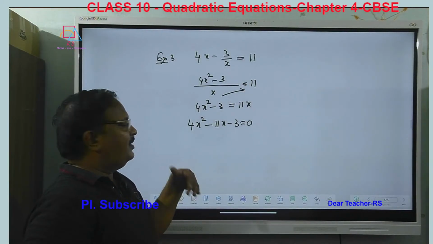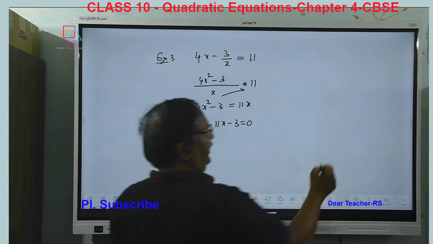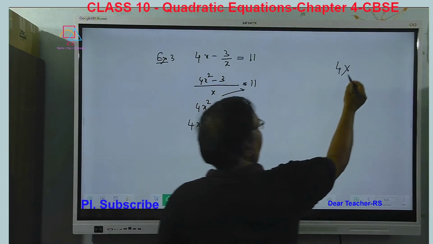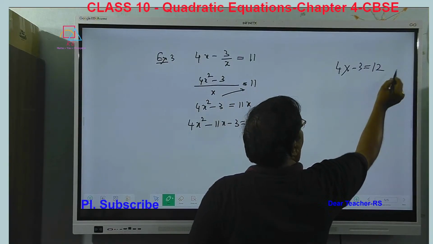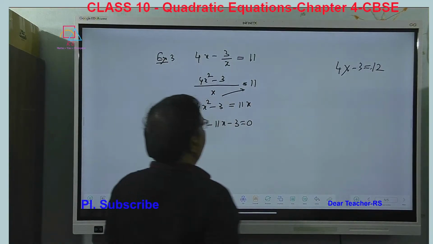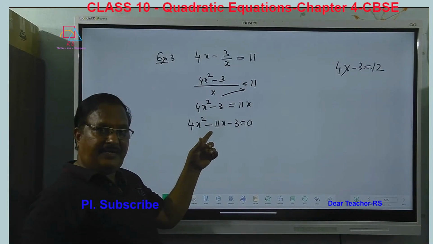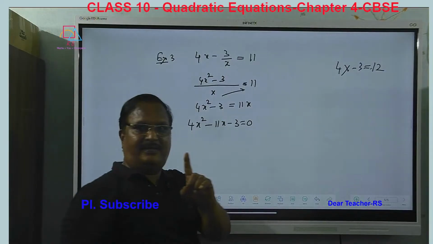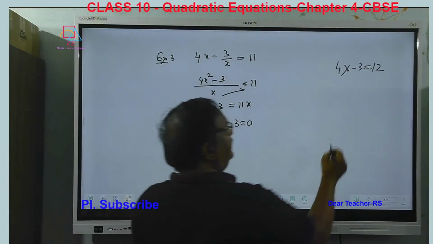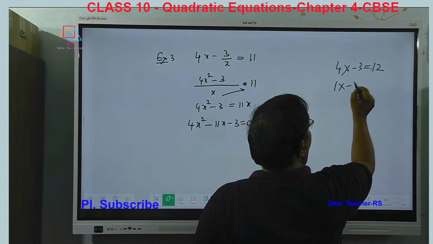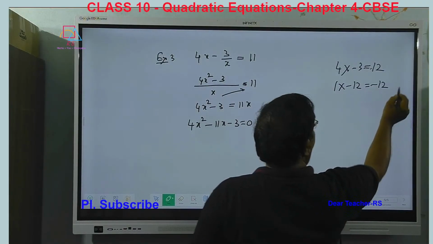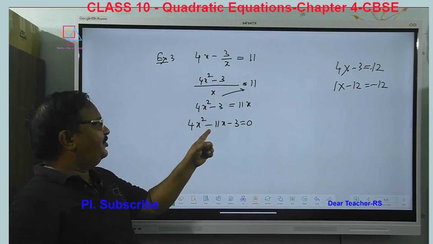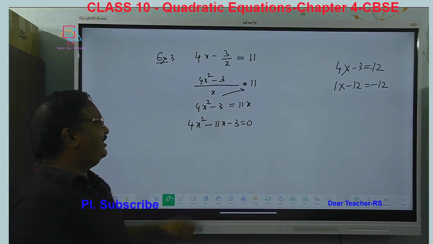So, now our procedure is the same. You take the x square coefficient 4 and you take the constant minus 3, giving minus 12. So, now you have to get minus 11. 4 minus 3 is 1, not possible. So, 1 into 12, 1 into minus 12 is equal to minus 12. 12 minus 1 is 11. So, here minus 12, 1 should be there.